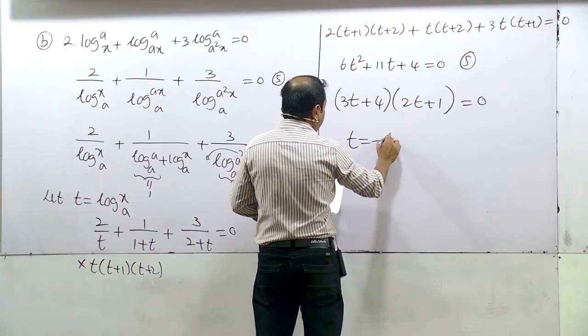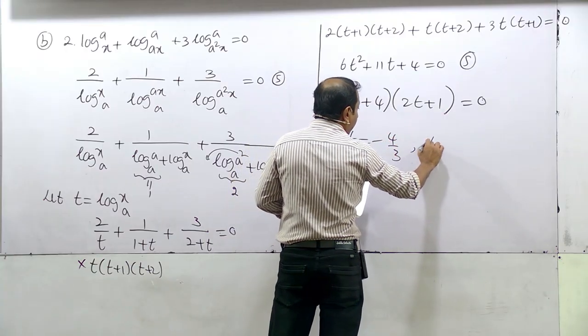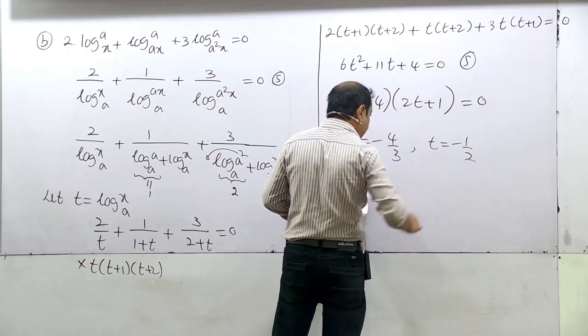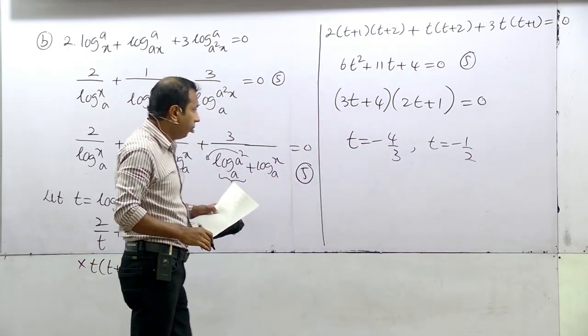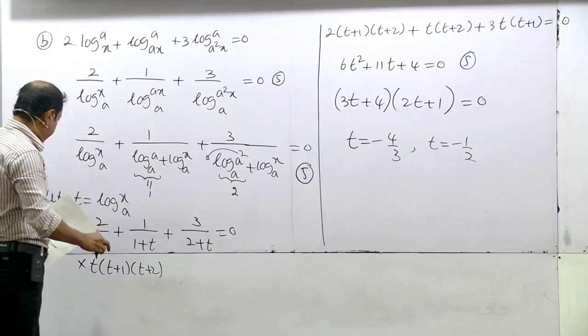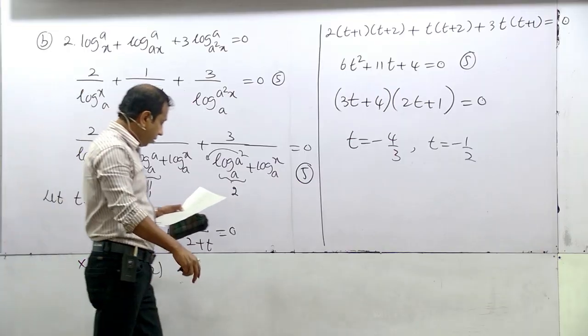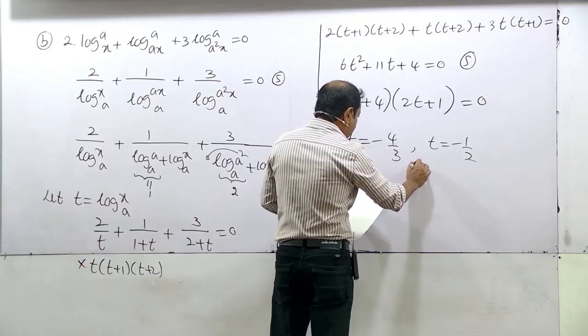So t equals minus 4 by 3, t equals minus half. Right, 2 answers for t we found now. But t is this. For both answers 5 marks come in, no?